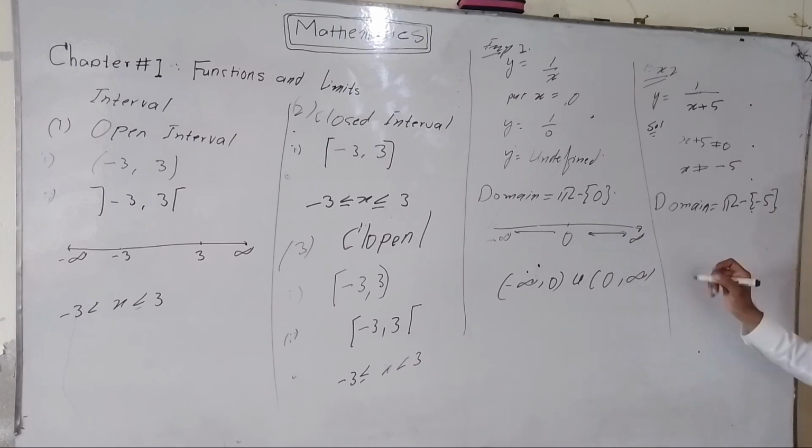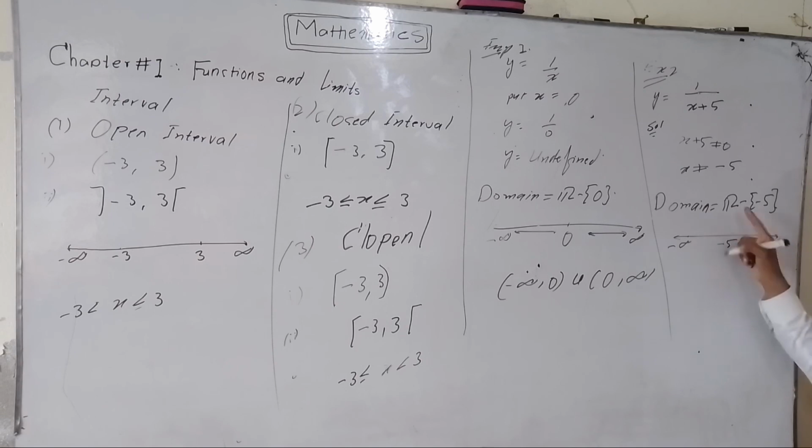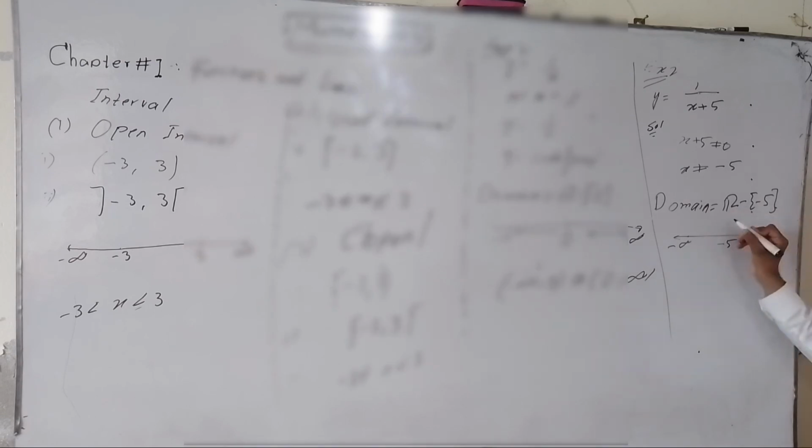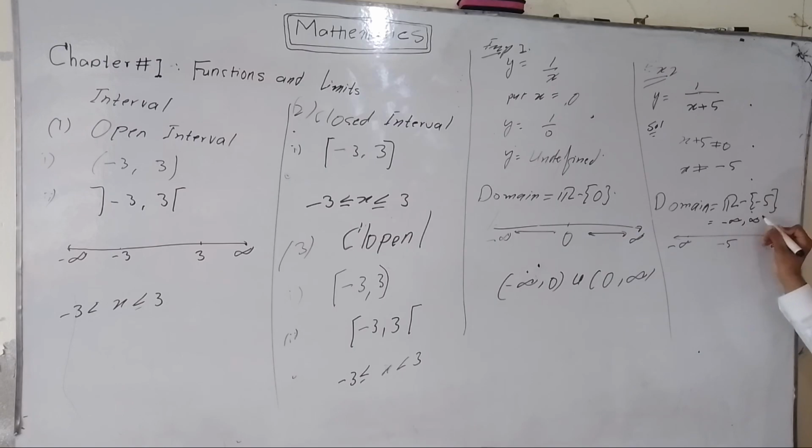Graphical representation of the domain. Minus infinity to plus infinity, so minus 5. It means the real numbers are equal to minus infinity to plus infinity minus 5.